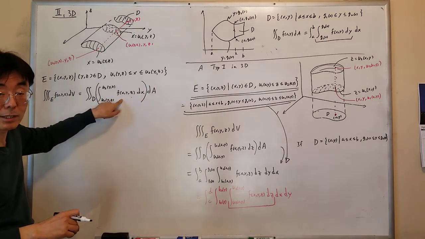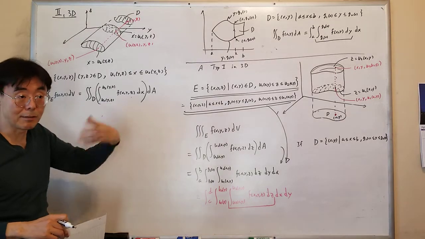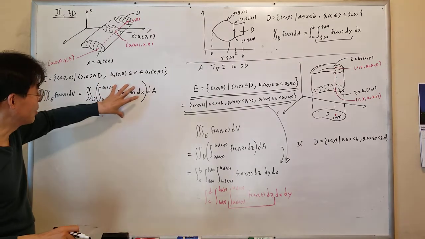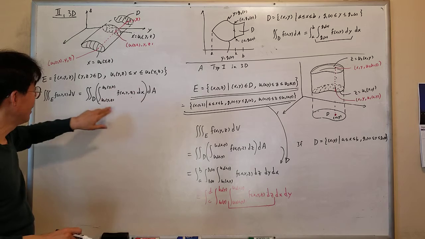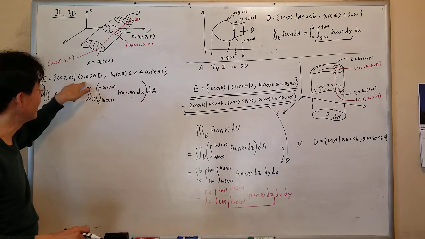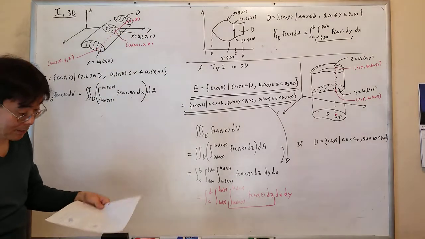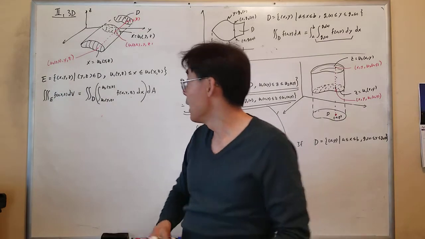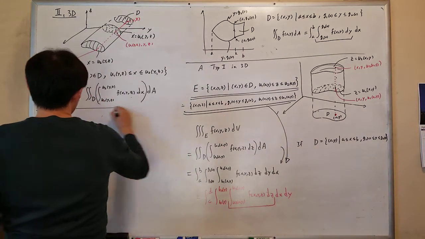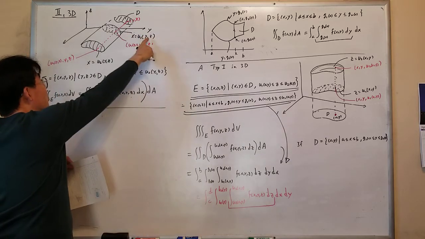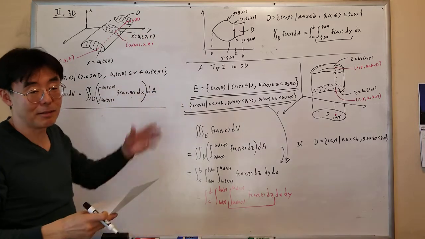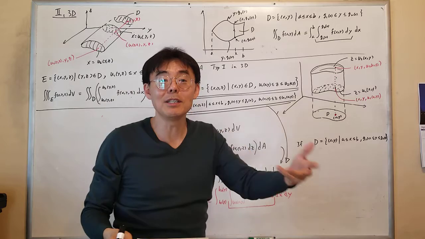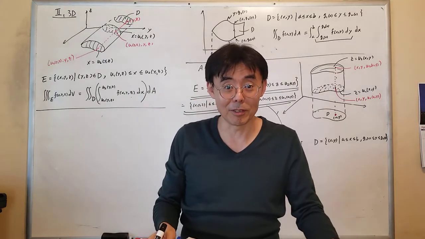With respect to x, consider y and z just like fixed numbers. So the whole expression will be a function of y and z. And then you do the double integral in the yz domain. And of course, that yz double integral will be done by type 1 and type 2 in the double integral version.